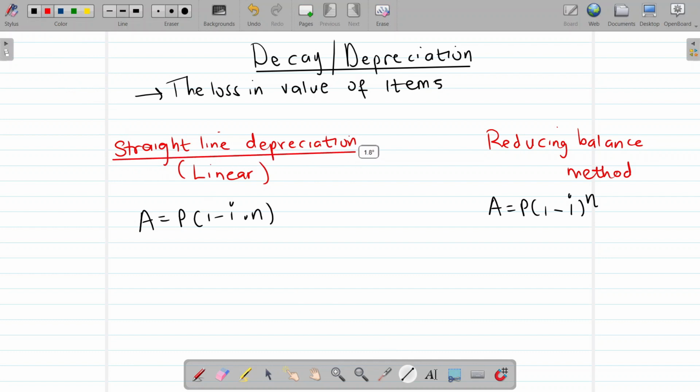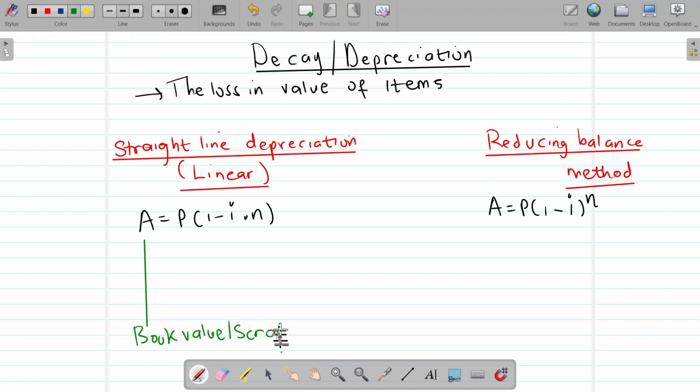Now, over on depreciation, A, P, I, and N mean different things, right? A over here is called the book value or scrap value. When you hear the word scrap, you know that we're dealing with something that has lost its value. So it's the price of your item after it has undergone depreciation.